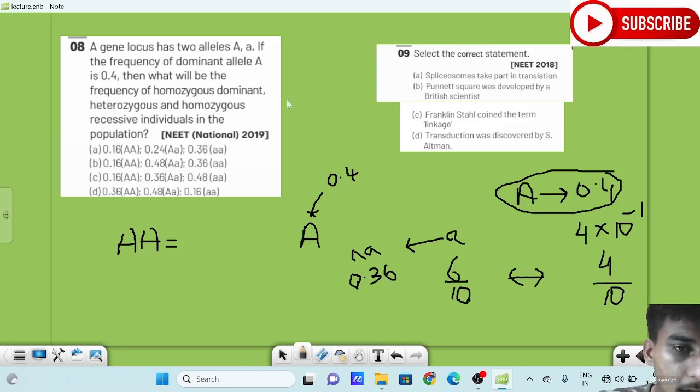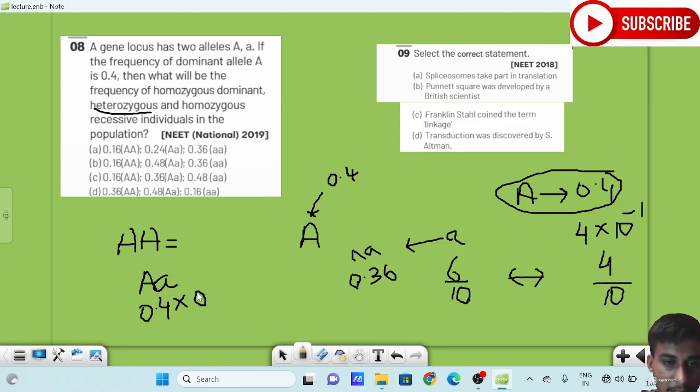Yes. Now we should find the heterozygous condition also. Heterozygous means this is the condition: capital A, small a. Capital A is 0.4 and small a is 0.6. 6 into 4 is 24.